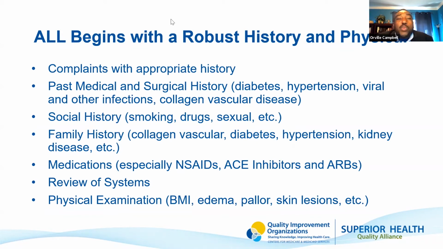Then there's the all-important family history. Again, collagen vascular disease such as lupus in some patient populations, diabetes, hypertension, and kidney disease, maybe polycystic kidney disease or other kidney diseases.